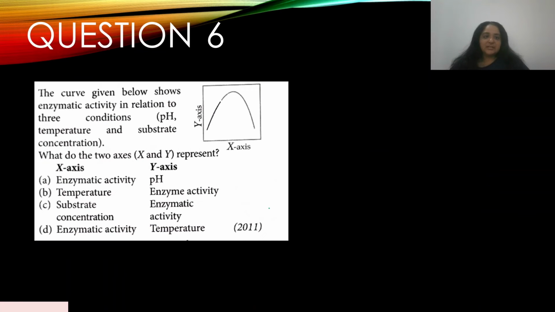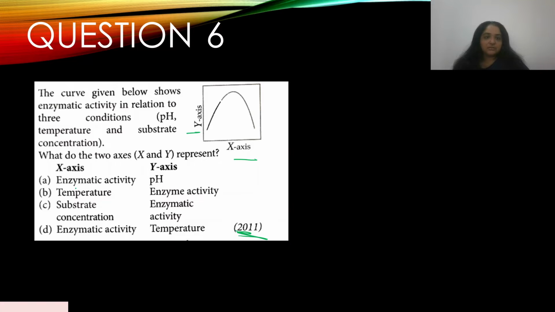Question 6. The curve given below shows enzymatic activity in relation to three conditions: pH, temperature, and substrate concentration. What do the two axes, x and y, represent? So you have an x-axis and a y-axis. This appeared in 2011.